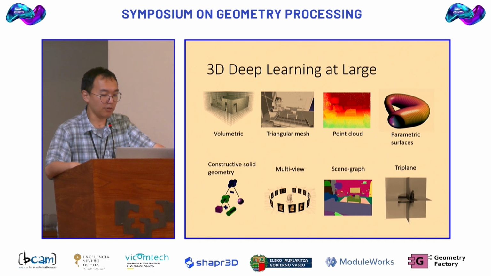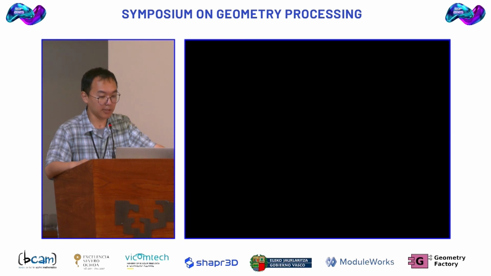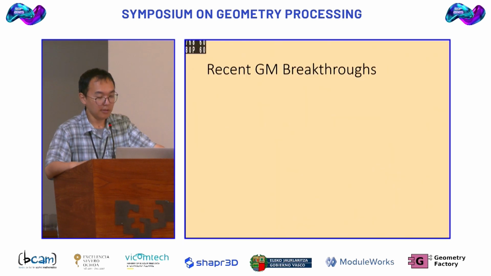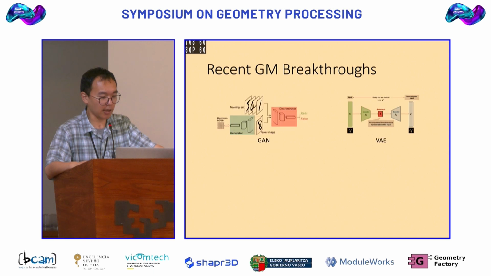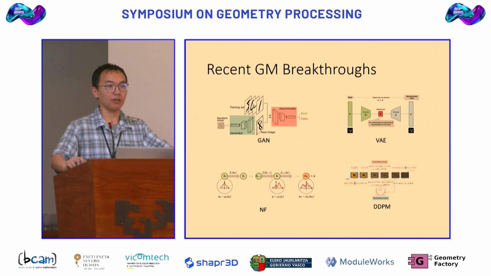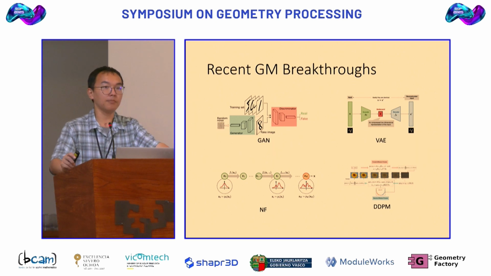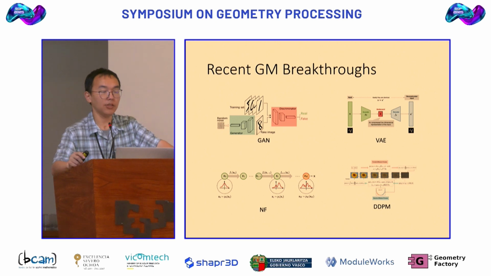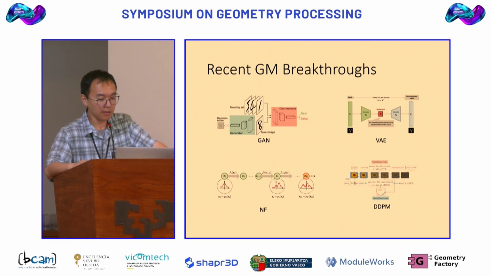But now if you look at generation from the machine learning perspective, I would say that this becomes the next exciting thing. First of all, we have some breakthroughs in machine learning models: GAN, VAE, normalizing flows, and very recently diffusion models. Those models were developed in the image and video generation community.